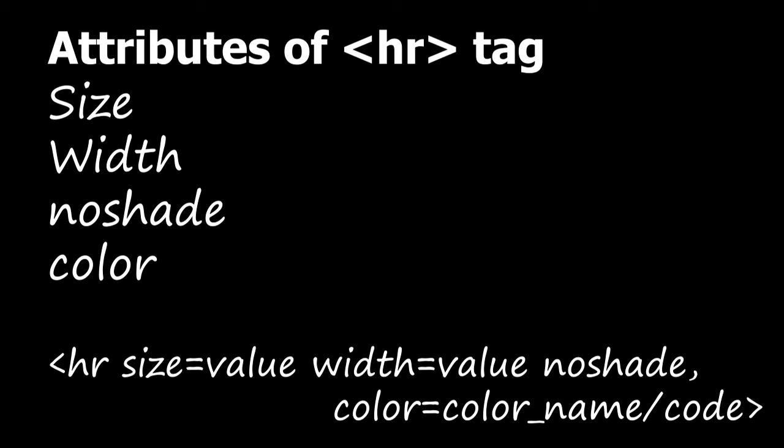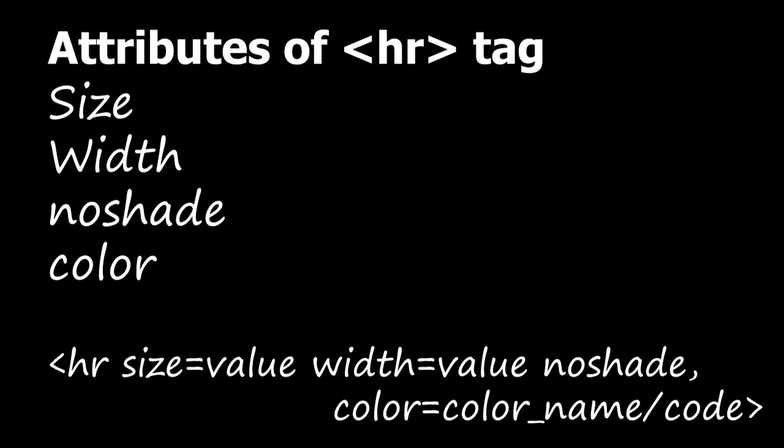Usually the width is specified as 100 percent, which is the default width. That means from left end to right end the full browser page will have that line, right? If you give 50 percent, half of the horizontal line will be there in that browser window, right?